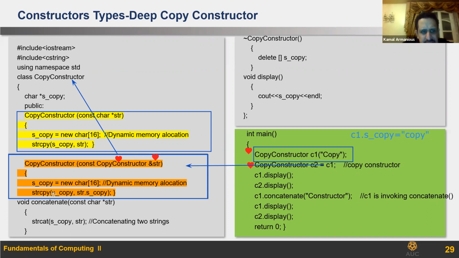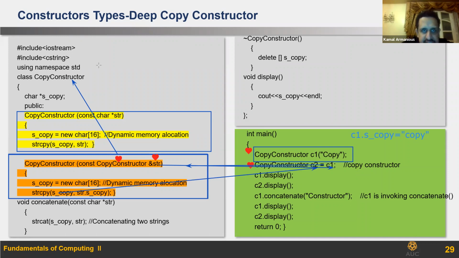It looks the same. str copy is copy. str, this is the name of the object, dot s underscore copy. It copies this to s underscore copy. Does this s underscore copy belong to C1 or C2? No, it belongs to C2. str dot s copy, str is C1. s underscore copy belongs to C2.